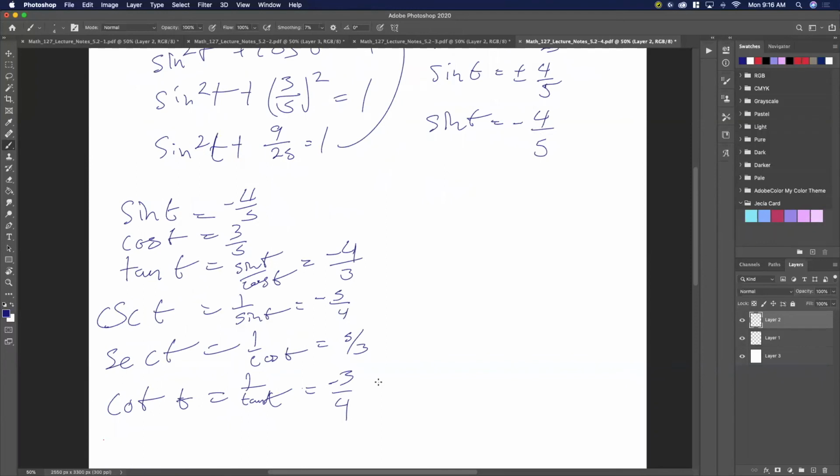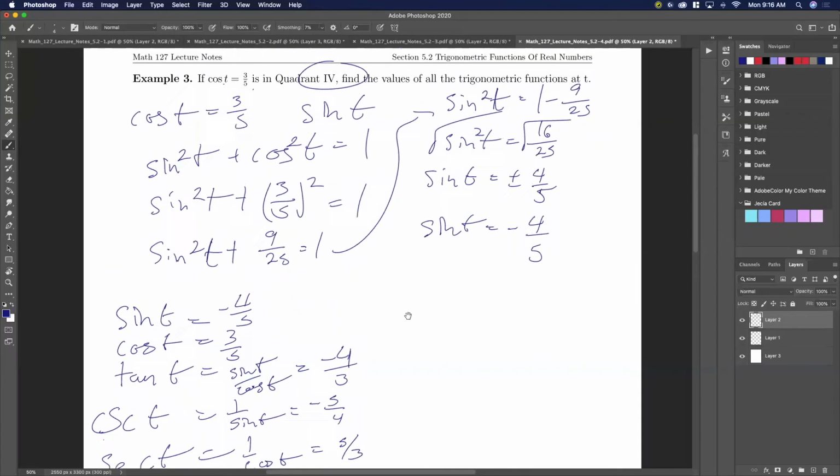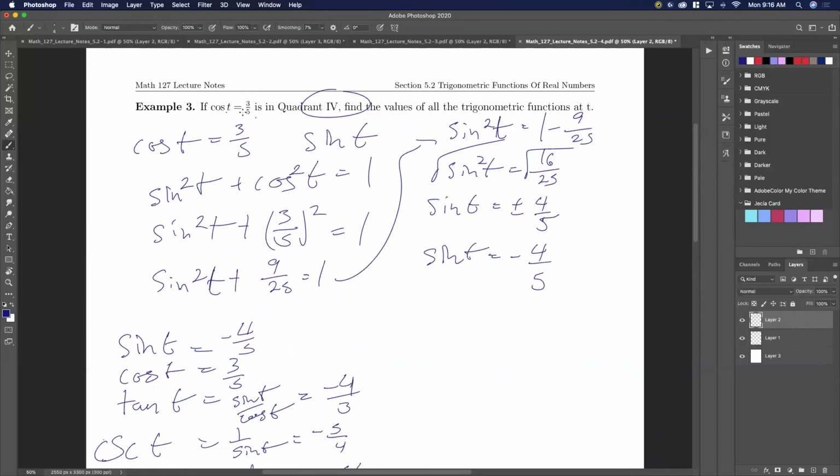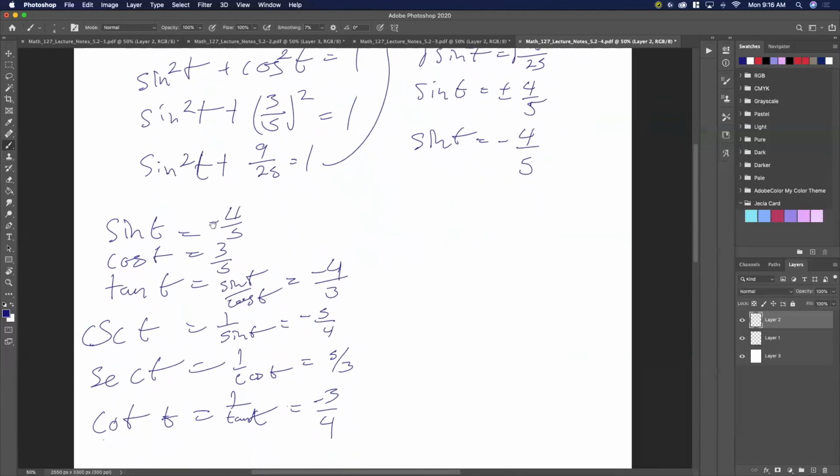So when you see this problem, it's going to give you sine or cosine. Figure out the other one. Make sure you use what quadrant it is to determine the correct sign. And then after that, you can just use these rules to crunch through the rest of these. All right.